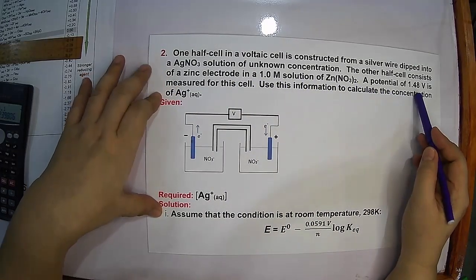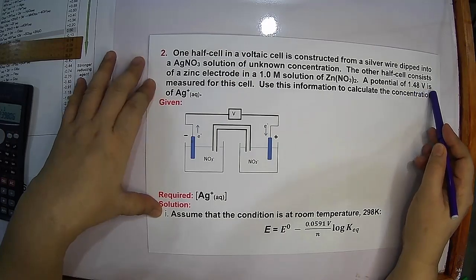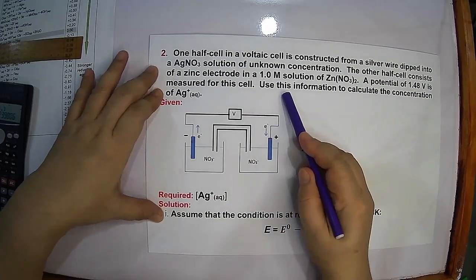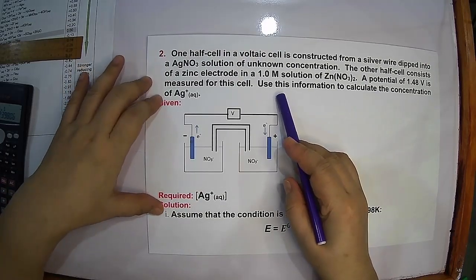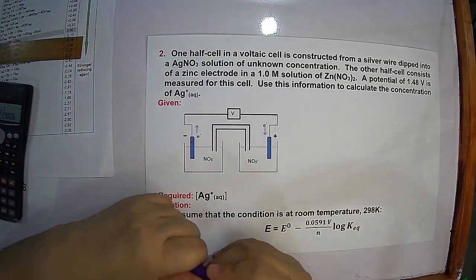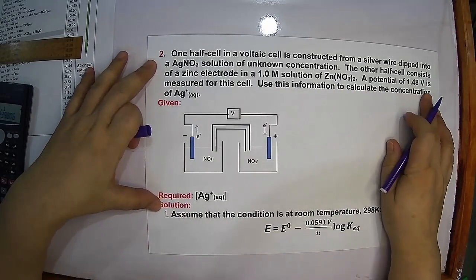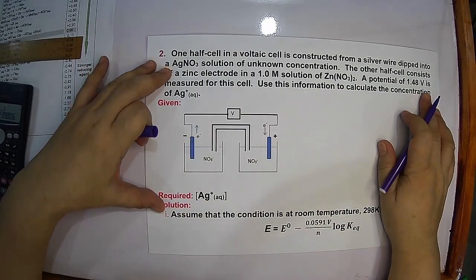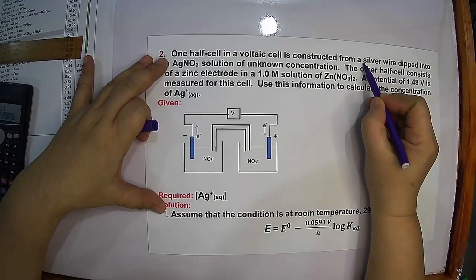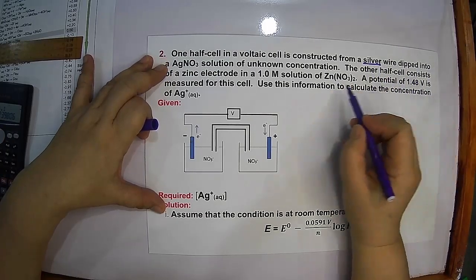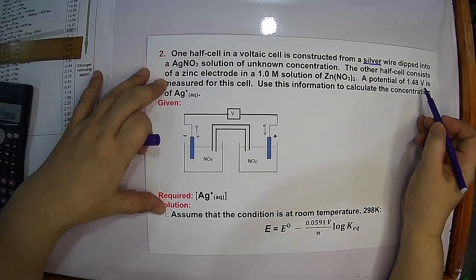A potential of 1.48 volt is measured for this cell. Use this information to calculate the concentration of the silver ion. So you are given here a silver electrode and a zinc electrode.